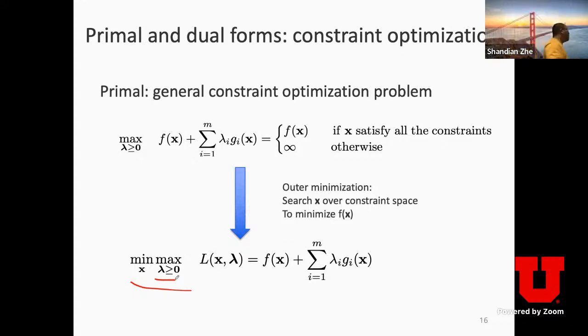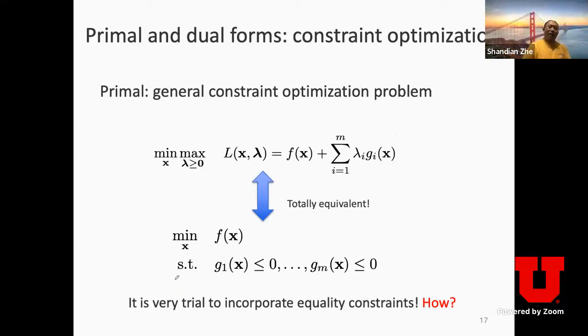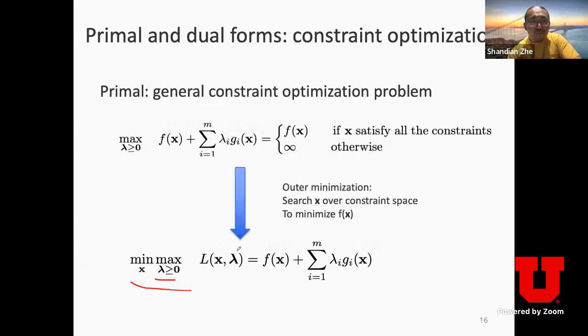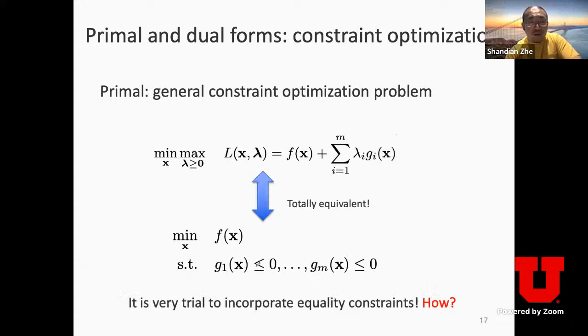Okay, so to help us better understand this whole formulation, I will leave an exercise for you. Suppose now I want to change my constraint to exact equality constraints. Suppose I have m constraints, where each constraint is represented by an equality: g_1(x) = 0, g_2(x) = 0, until g_m(x) = 0.